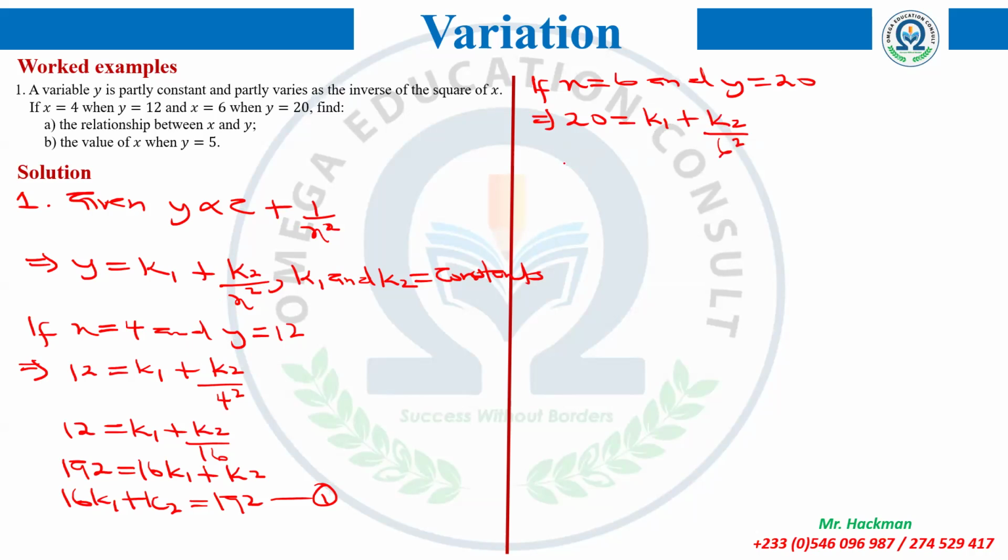So that gives us 20 is equal to k sub 1 plus k sub 2 over 36, am I right? Yes. Again, we are going to clear the fraction before working with it. So the LCM will be what?